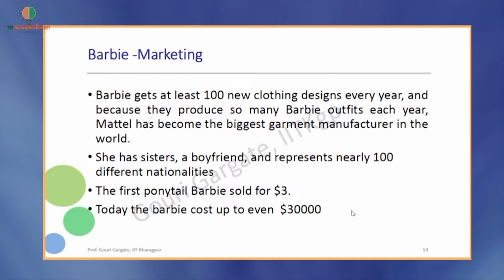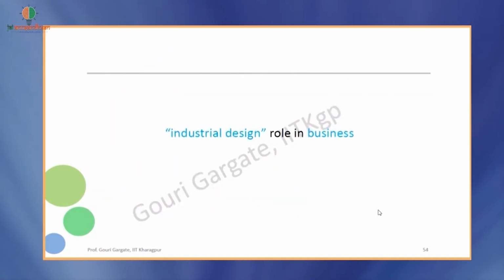They faced big backlash in Saudi Arabia and similar countries because of the look they presented, or the different outlook with which they brought Barbie into the market. That is a very interesting case. The path was not easy, but we can see the effective brand building and the effective use of industrial design.